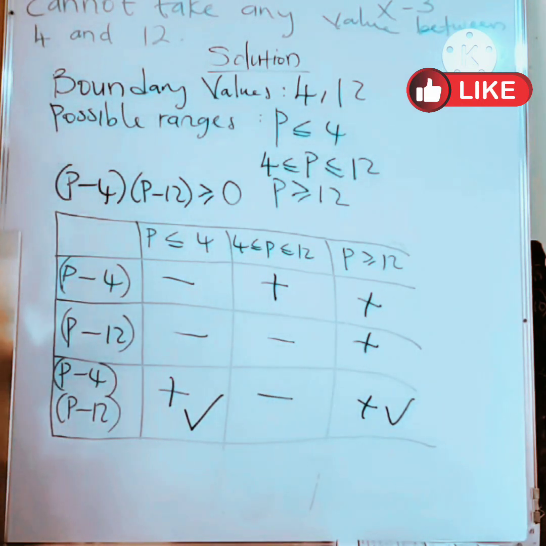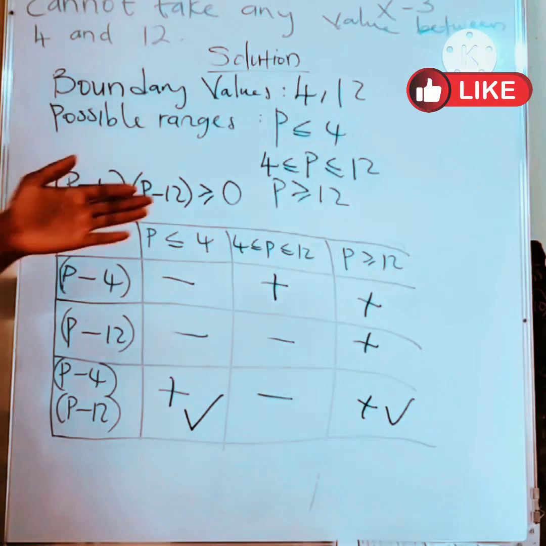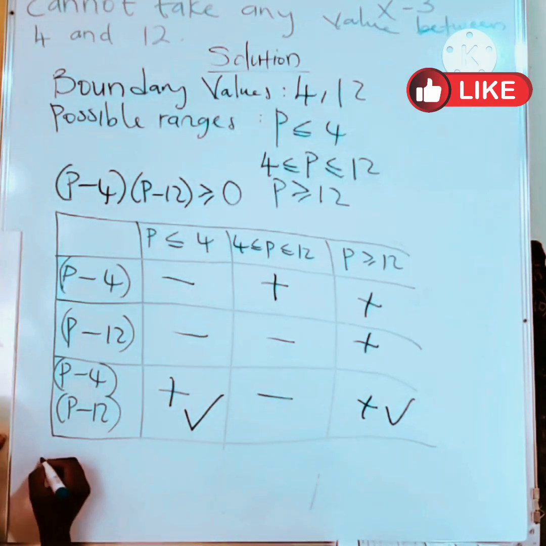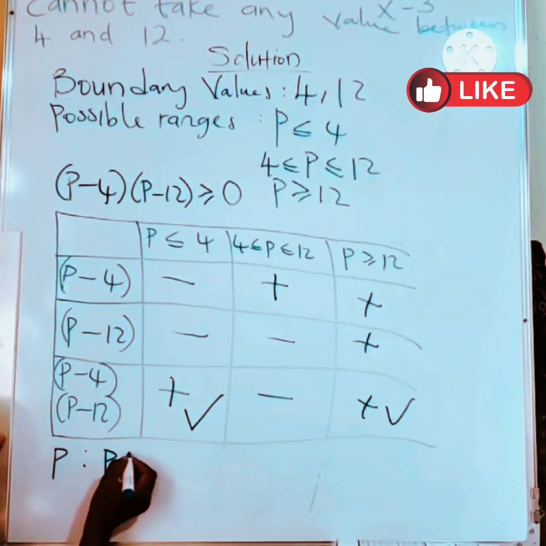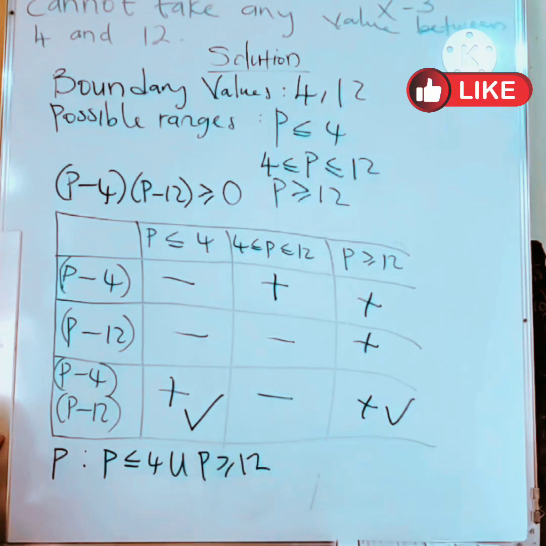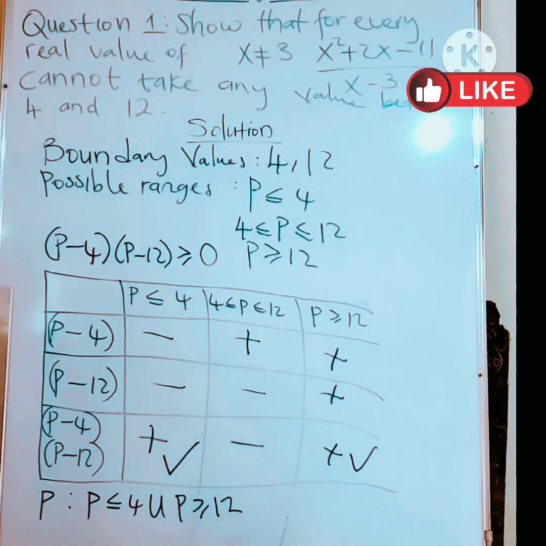After drawing this table, we conclude that the range that satisfies our inequality is the range p less than or equal to 4 and the range p greater than or equal to 12.